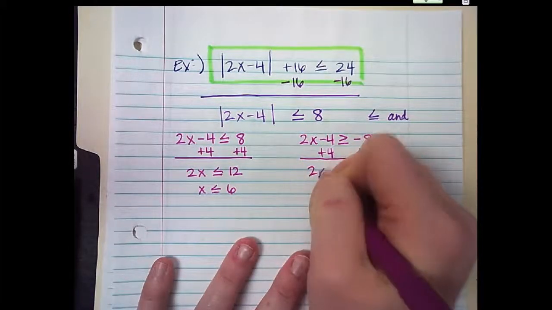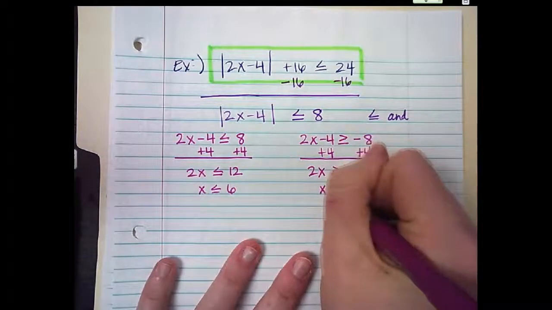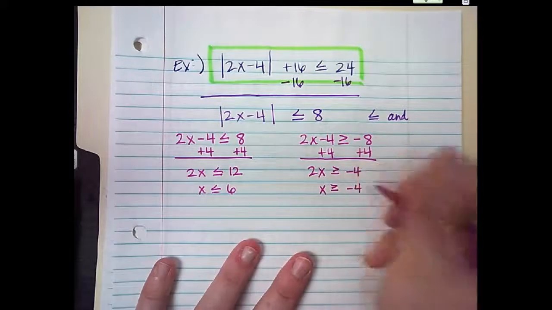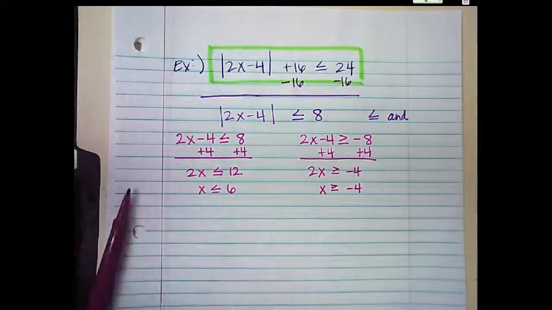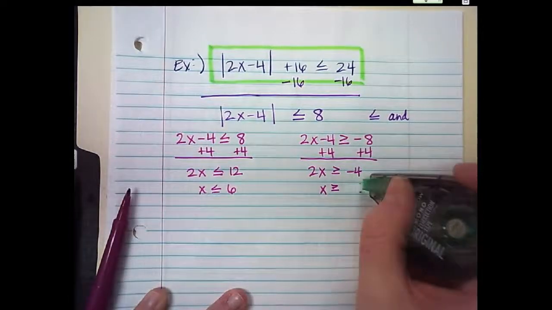So once you get your answers, then graph it on your number line, and then that can help you see, did I do my numbers correctly? Did I do my signs correctly?